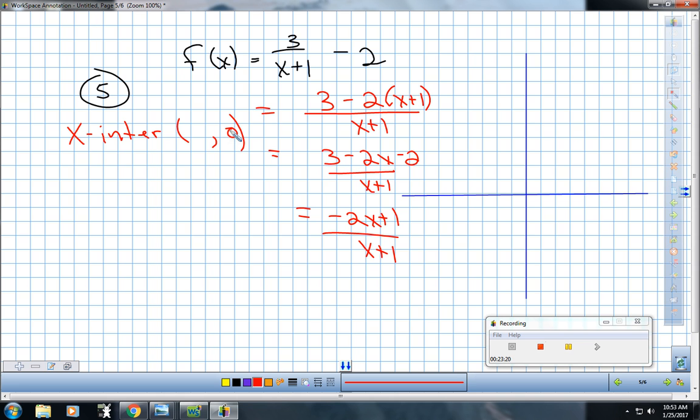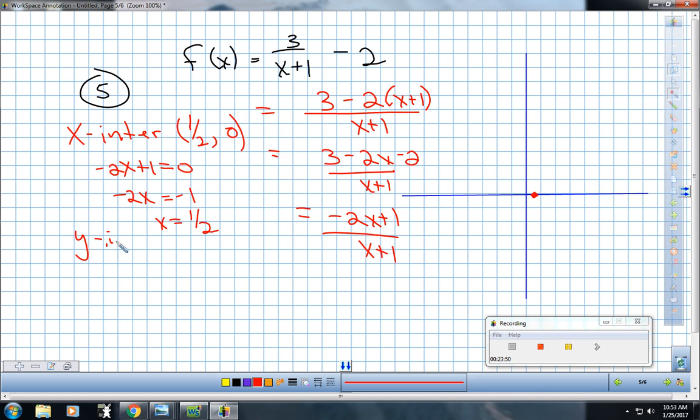We know that the function's value is 0 when the numerator is 0. So I'm just going to take the numerator, set it equal to 0, solve for x. So there will be an x-intercept at (1/2, 0). Everybody good with that? And I'll plot that.